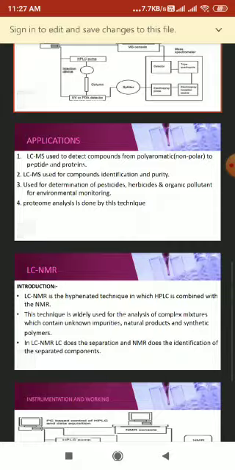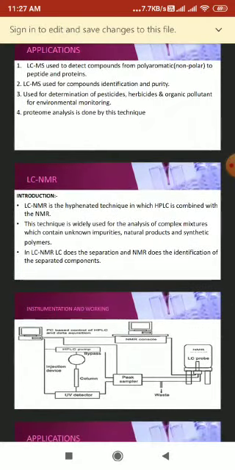Now we have seen the third hyphenated technique, that is LC-NMR. LC means liquid chromatography and NMR means nuclear magnetic resonance spectroscopy. So LC-NMR is the hyphenated technique in which HPLC is combined with NMR.